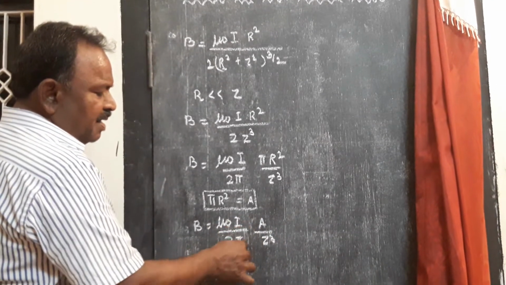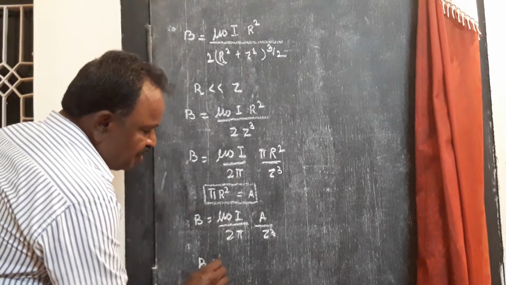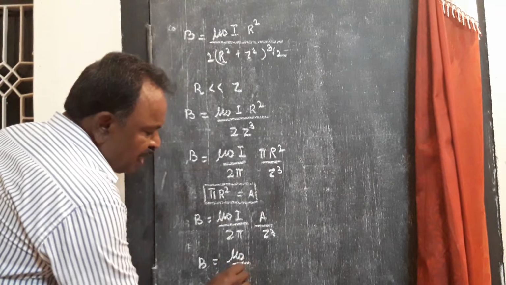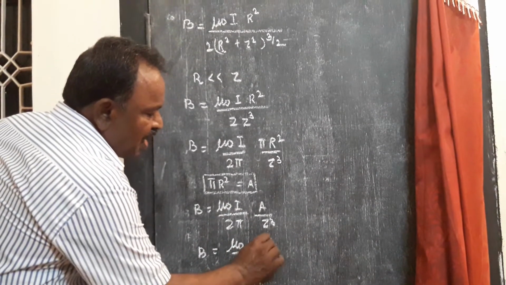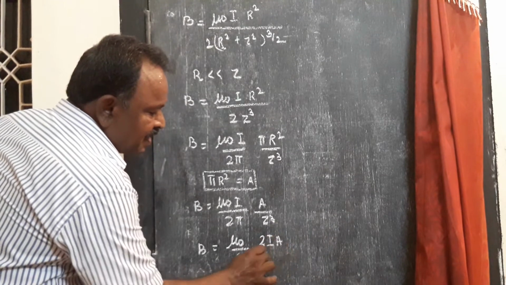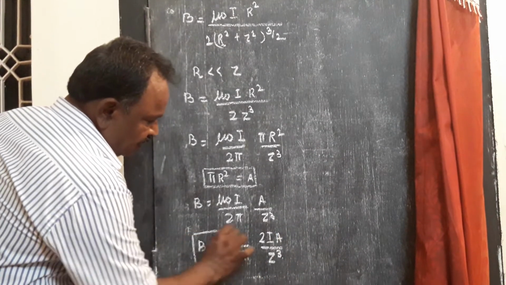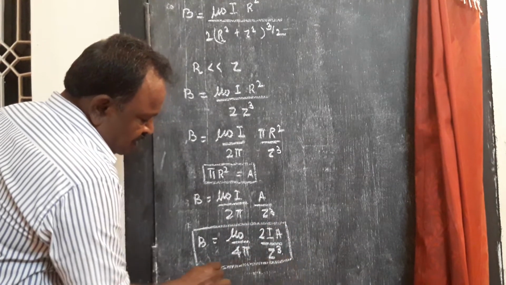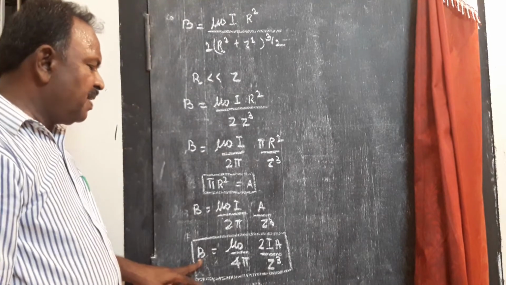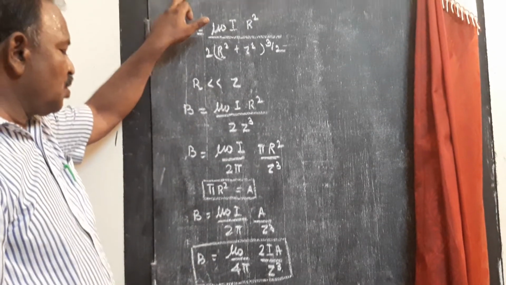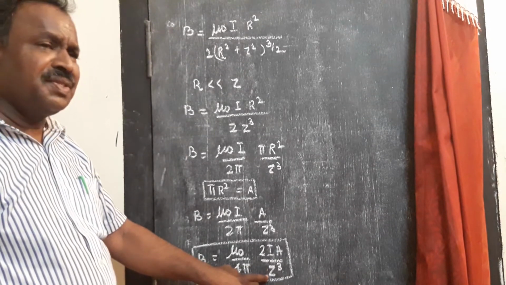Again multiplying and dividing by 2, we will have B is equal to mu naught by 4 pi into 2 IA by Z cube. So now this is the magnetic field due to the current loop at any point on its axis at a distance Z.